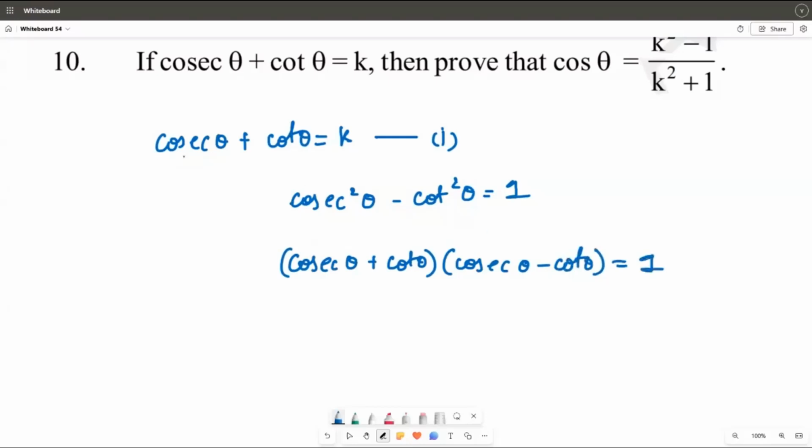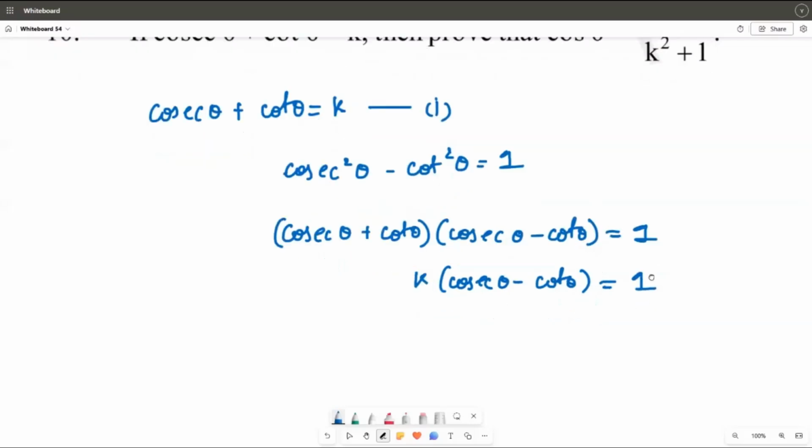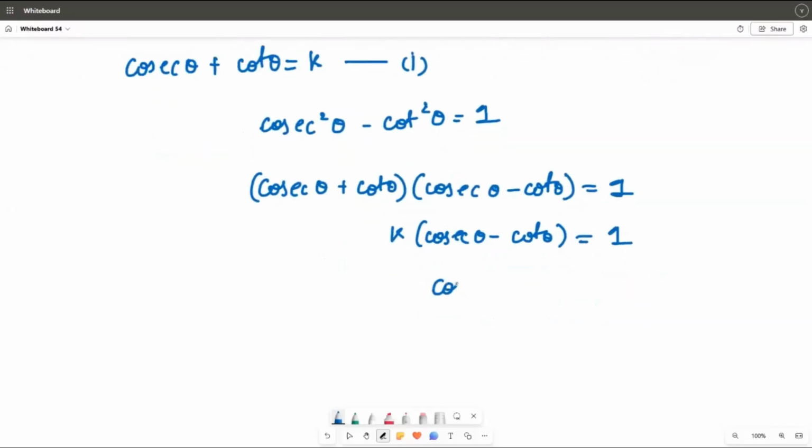And we are given that cosecant theta plus cot theta is equal to k. So k into cosec theta minus cot theta is equal to 1. If I bring the k to the right hand side, I get the value of cosecant theta minus cot theta, which is equal to 1 by k. Next, I will consider this as the second equation.